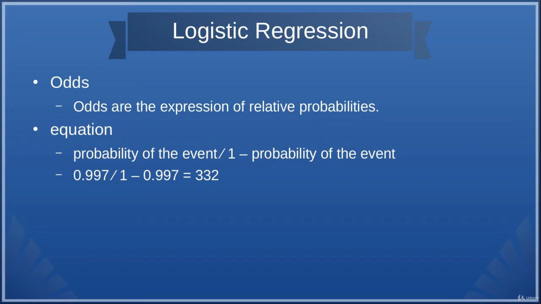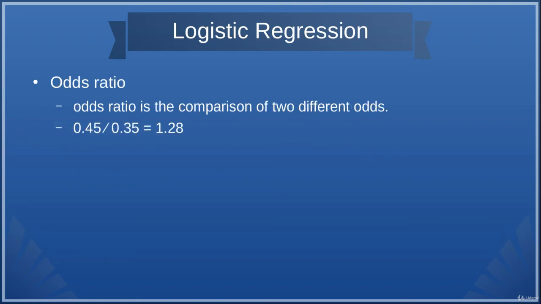5 to 1, 6 to 1, 4 to 3, whatever you want to call it, is very commonly used. This is important because often you can convert the results of a logistic regression model to odds and probability. It gets confusing, but it'll make more sense when we get there. Just trust me for a second. Now, the odds ratio is when you are comparing two different odds.